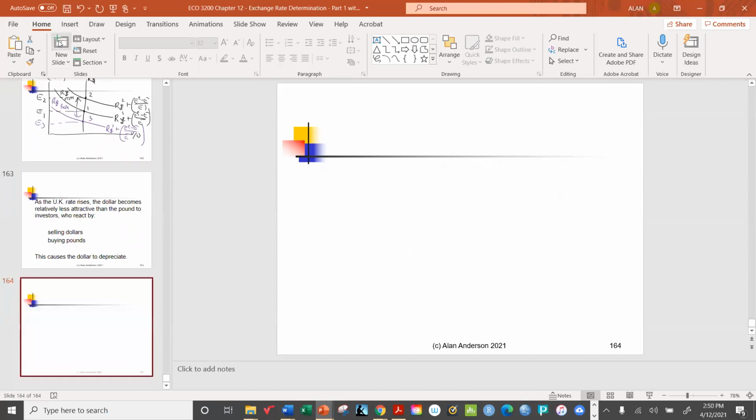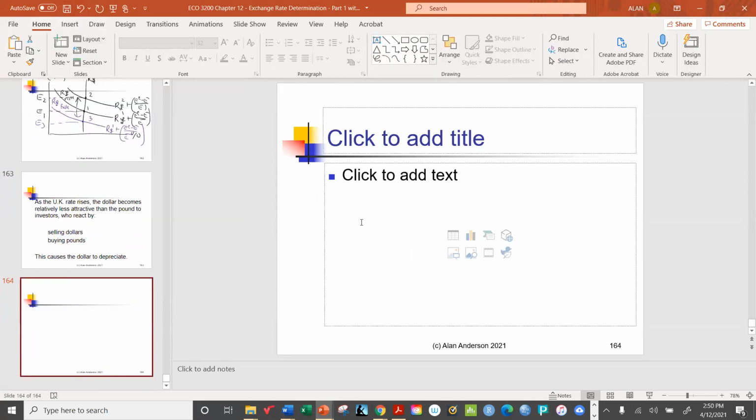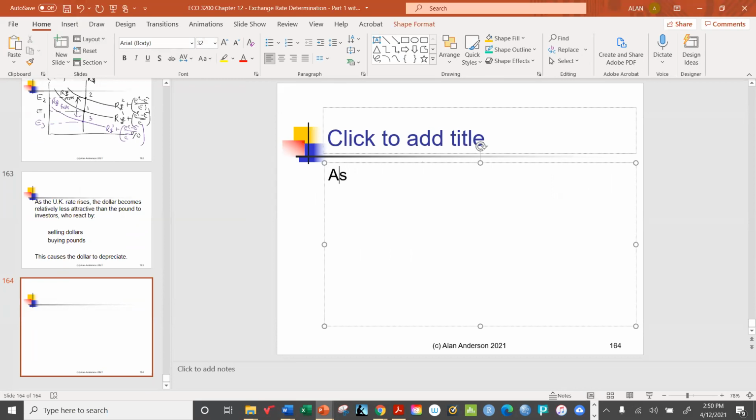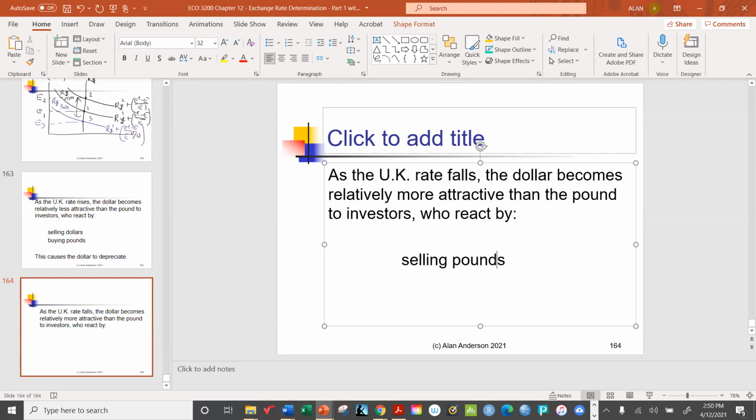In this case, we say that as the UK rate falls, the dollar becomes relatively more attractive than the pound to investors who react by, now they're doing the opposite, selling pounds, buying dollars.